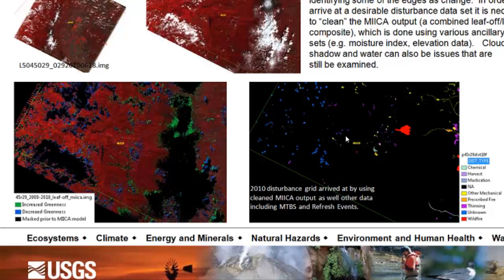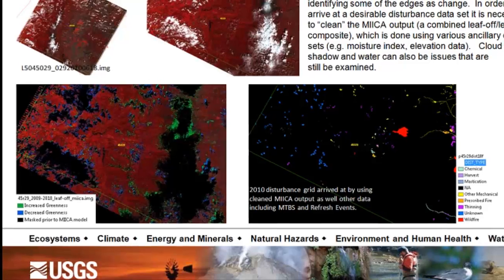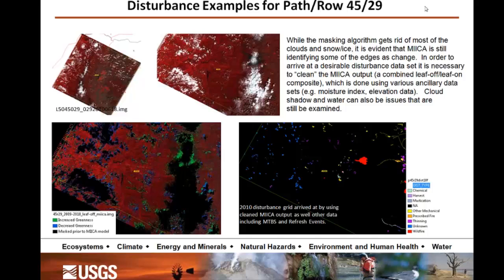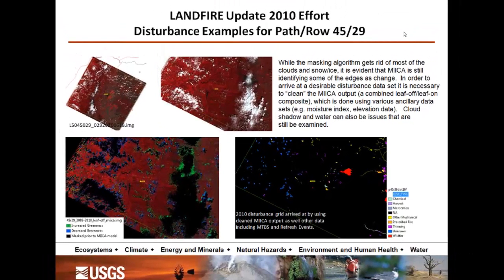And then on the right, you can see the disturbance grid they arrived at. Now, what you're looking at on the left in the imagery, remember, is only one of 10 images that went into this process. So you can't always track a given change into an image just by showing it without actually scrolling through the things. So that, in a nutshell, is the MIICA process.